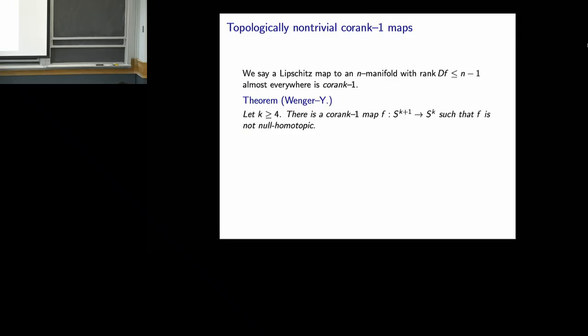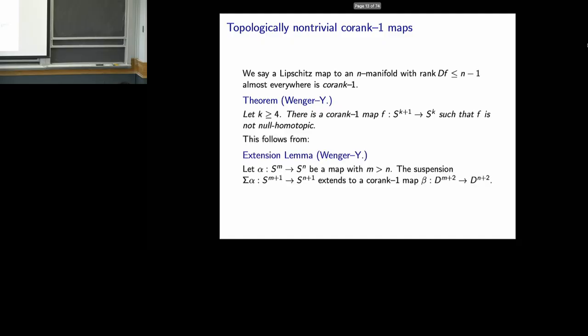If you have a smooth map where the derivative is never surjective, then Sard's theorem tells you that the image has measure 0. And so if you have a map from S^(k+1) to S^k where the image is not all of S^k, then it's null-homotopic, because you can delete a point from S^k to get R^k, and then any map to R^k is null-homotopic.